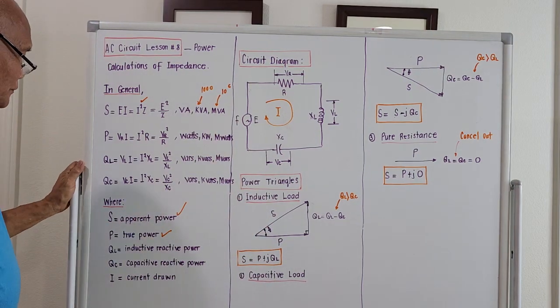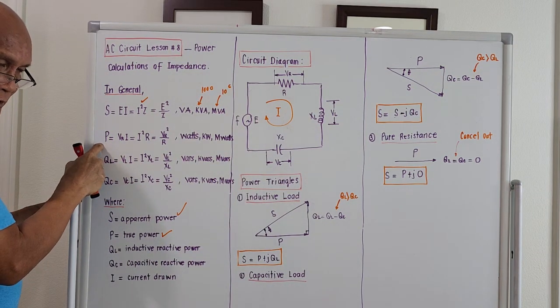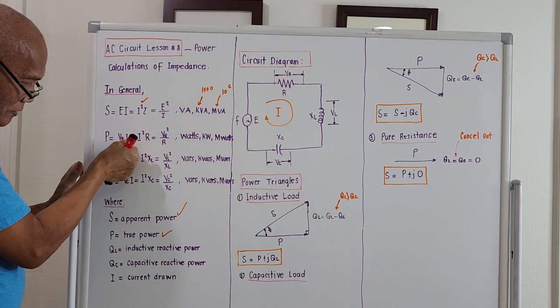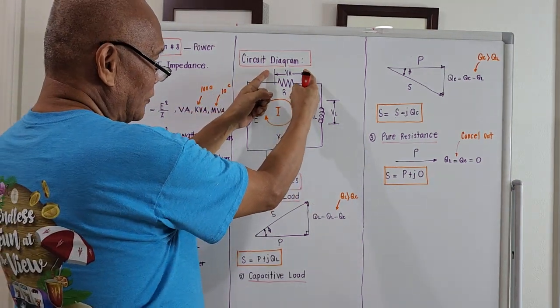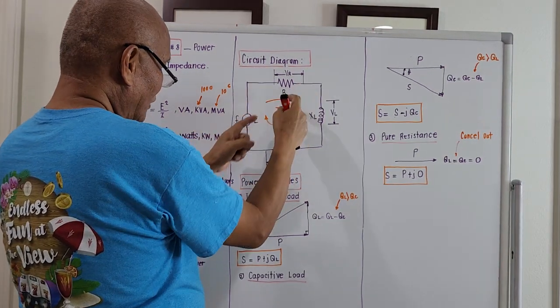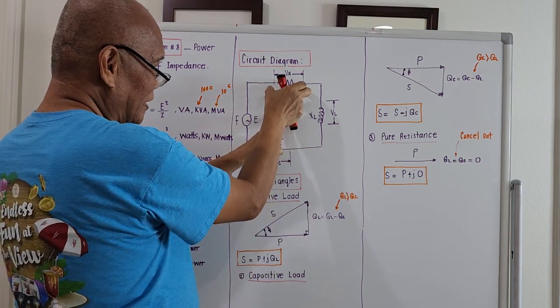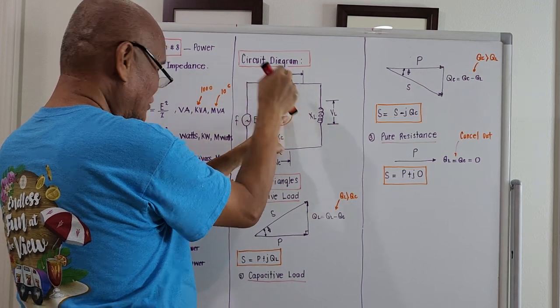Number 2, the true power, it is designated by capital letter P. It should be the product of V sub R times I. Meaning, if you know the voltage across that resistor, then multiply that by that circulating current, you will get the true power consumption of that resistance.